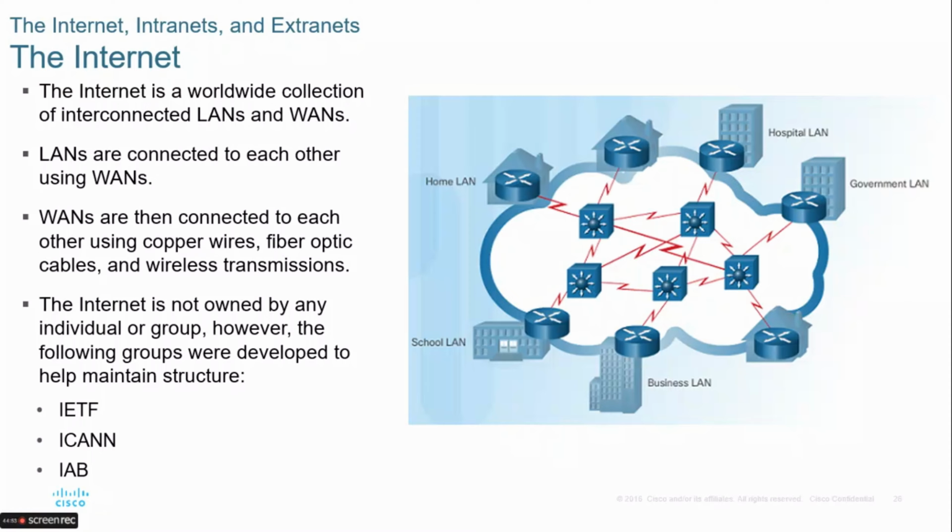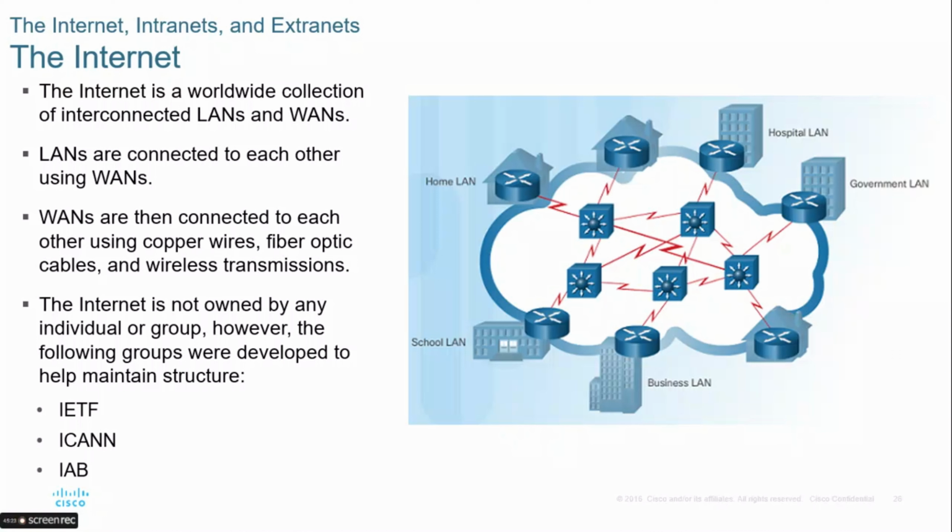The internet is not owned by an individual or a group. However, there are some groups that were developed just to help maintain the structure, but there is no direct ownership of the internet. We've got IETF, Internet Engineering Task Force. We've got ICANN.